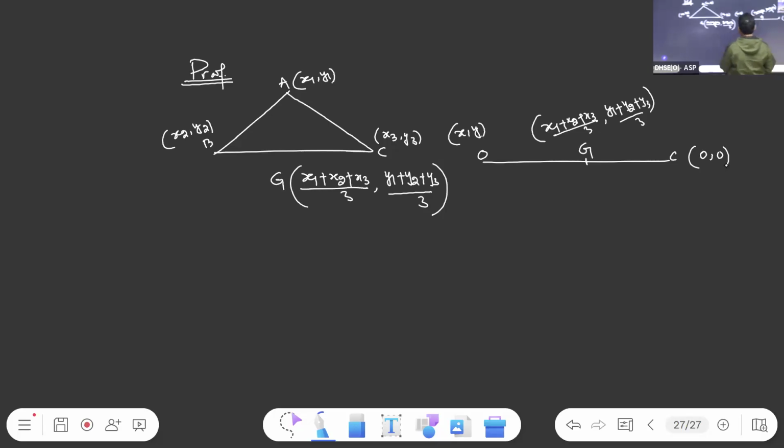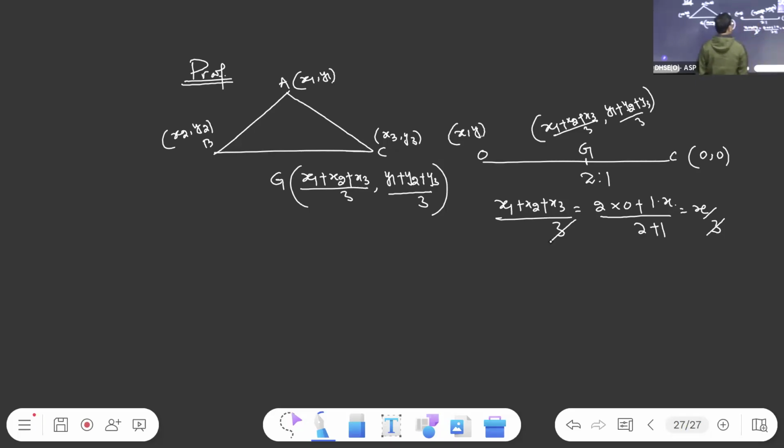According to the ONGC formula, centroid G divides OC, the join of orthocenter and circumcenter, in the ratio 2:1. So (x1 plus x2 plus x3) by 3 is equal to (2 into 0 plus 1 into x) upon (2 plus 1), which is x by 3. So 3 cancels, x is equal to x1 plus x2 plus x3.